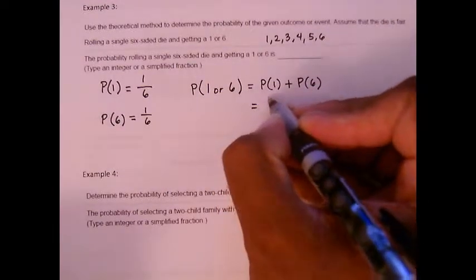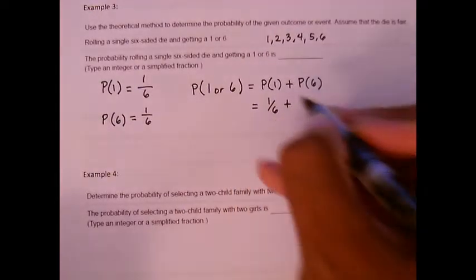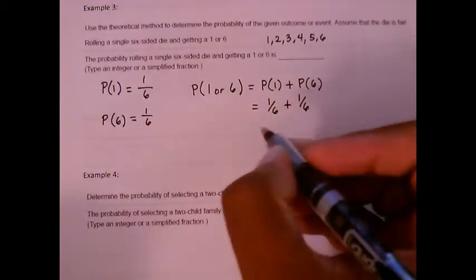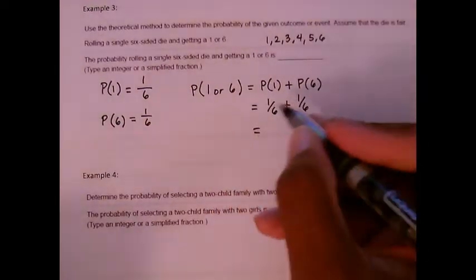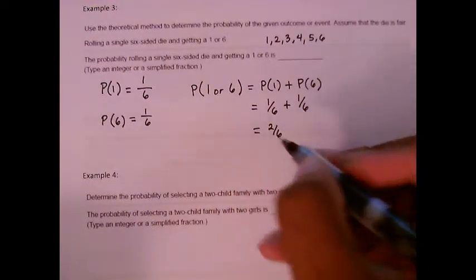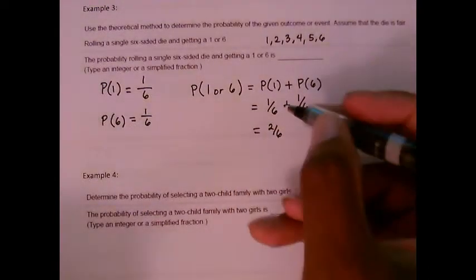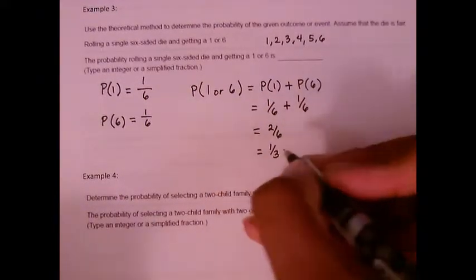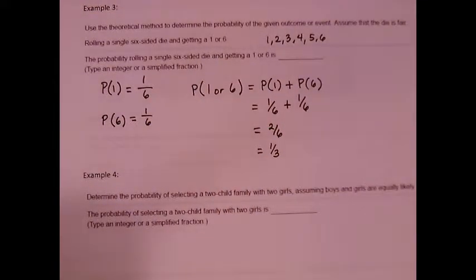Well, the probability of getting a 1 will be 1 out of 6, plus the probability of getting a 6 will be also 1 out of 6. Well, if I add 1/6 and 1/6, I'm going to get 2 over 6. Reduce 2/6 by dividing the numerator and the denominator by 2, you're going to get 1/3. So the probability of getting 1 or 6 would be 1/3.